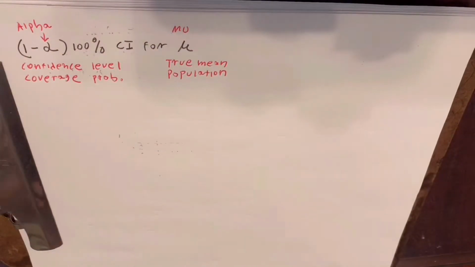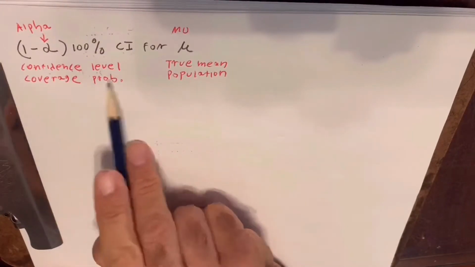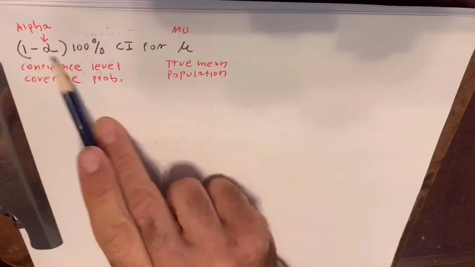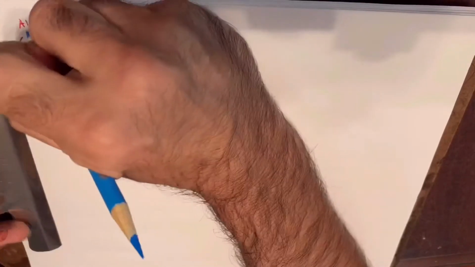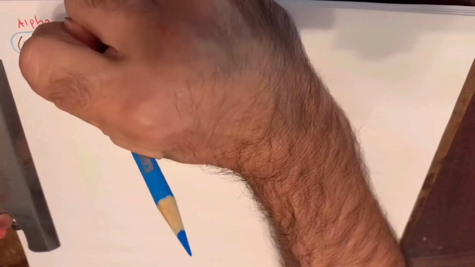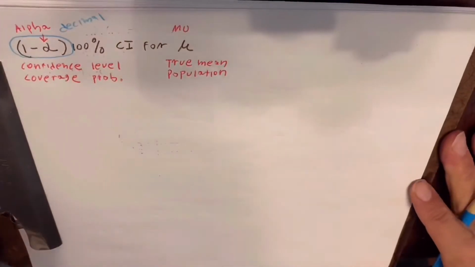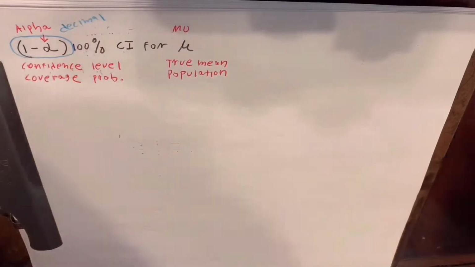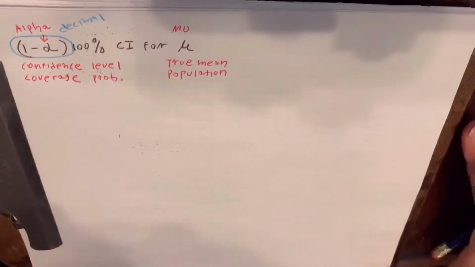So the whole 1 minus alpha is the confidence level or the coverage probability. And 1 minus alpha is expressed as a decimal. But once you multiply that decimal by 100%, you've converted it into a percentage, basically by moving the decimal point 2 places to the right.